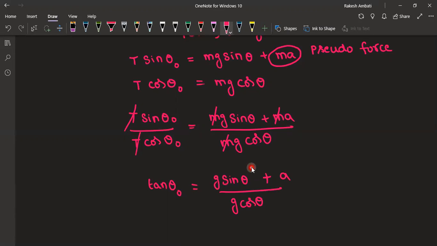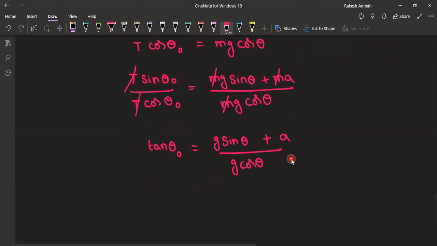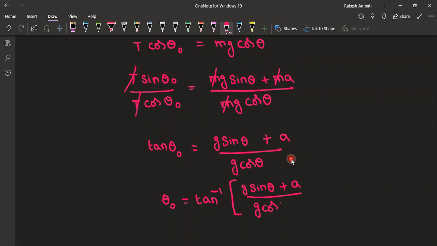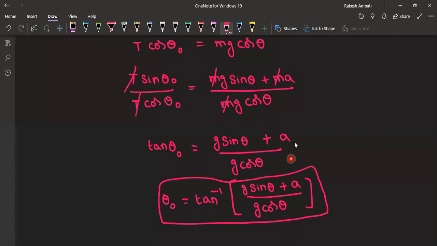Since we have to find theta naught, finally theta naught equals tan inverse of g sin theta plus a upon g cos theta. This is the process of finding theta naught.